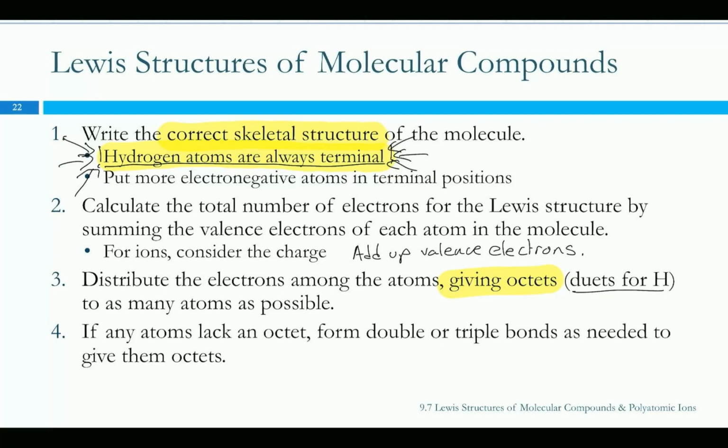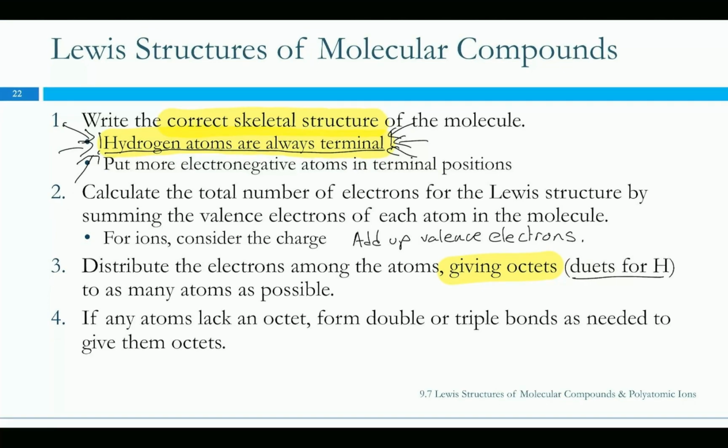It does make your life easier. And then, if any atoms lack an octet, that's when you form double or triple bonds as needed to give them octets. I'm going to add here sharing from atoms that already have octets.